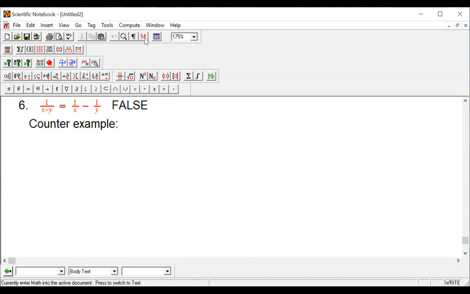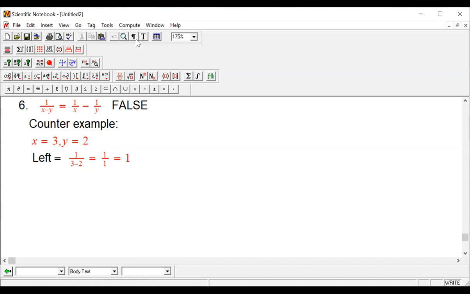For example, I have x equals 3, y equals 2, right? And the left-hand side will be equal to 3 minus 2, and that's going to be 1 over 1, equals 1.